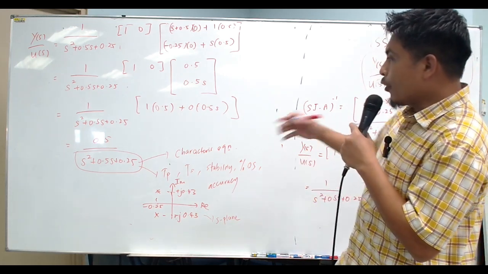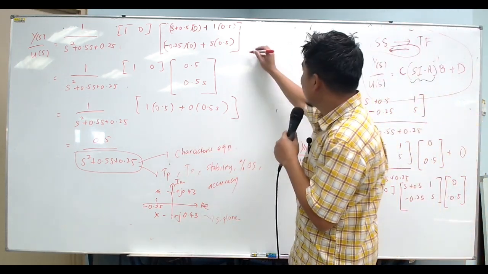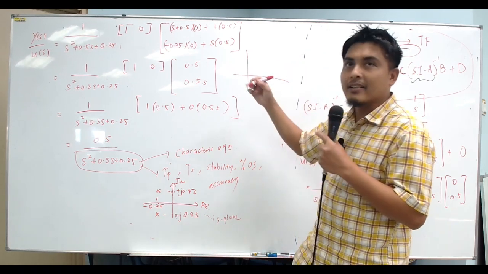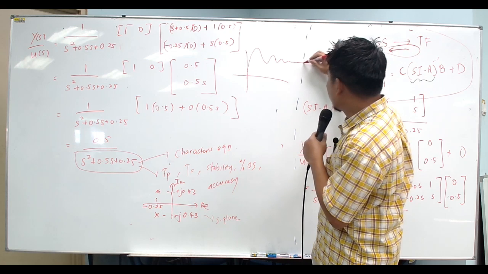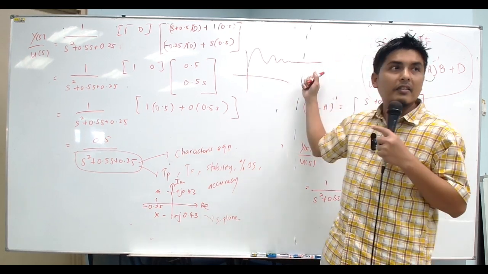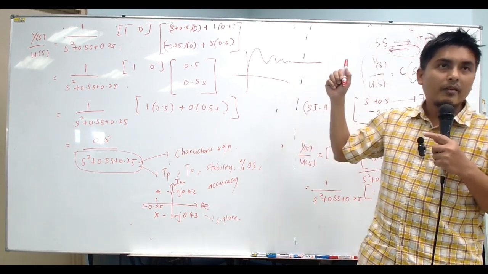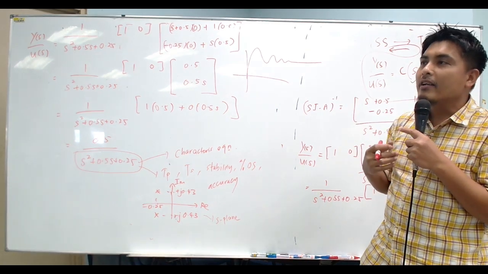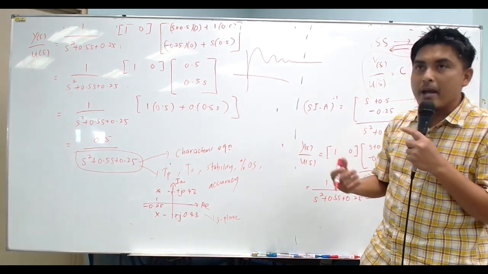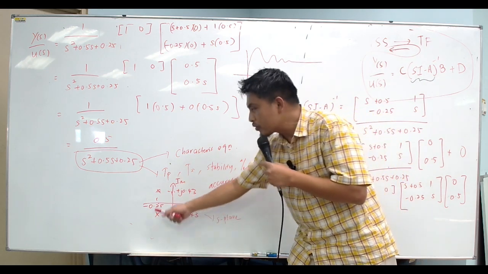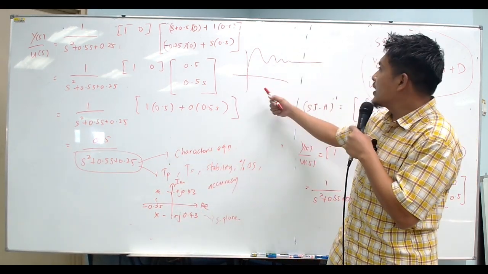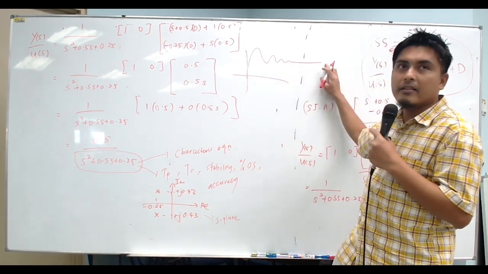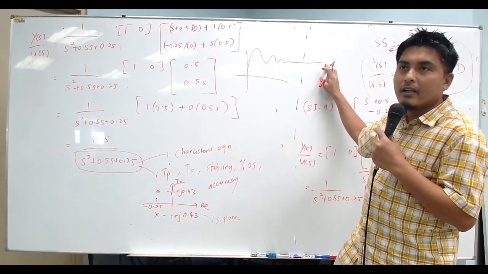When the system is stable, you will expect an output graph something like this. This is a stable graph. So you can predict what will happen.